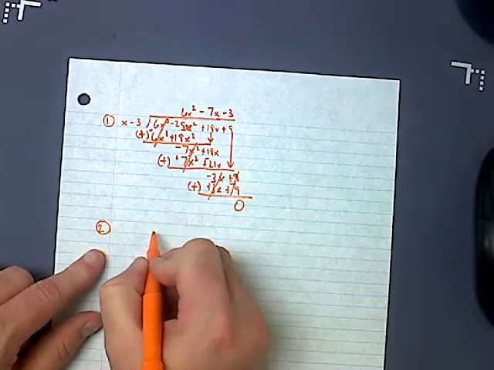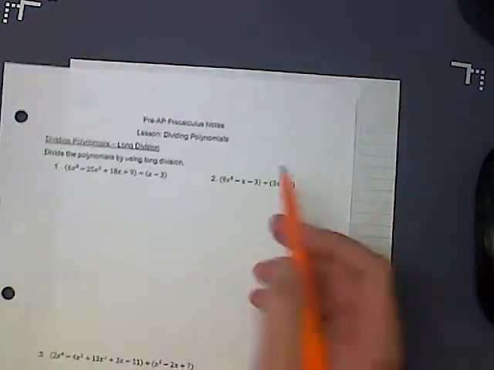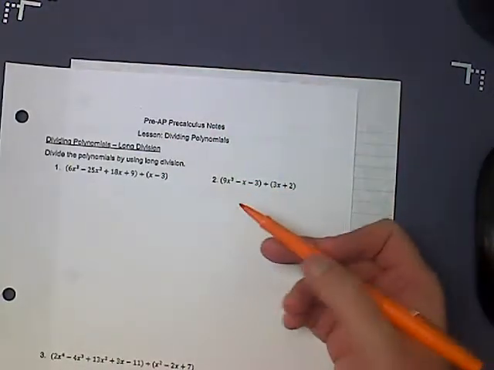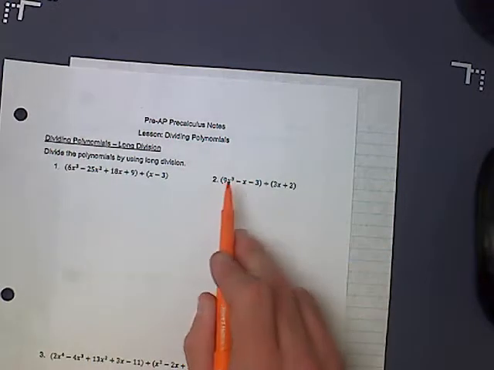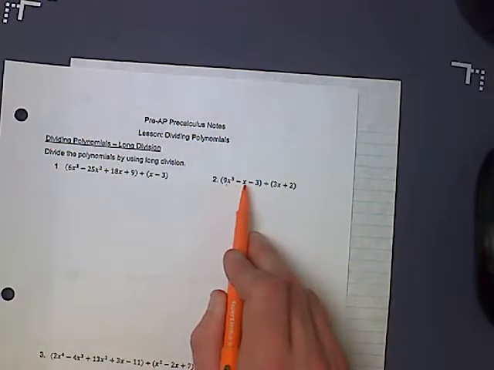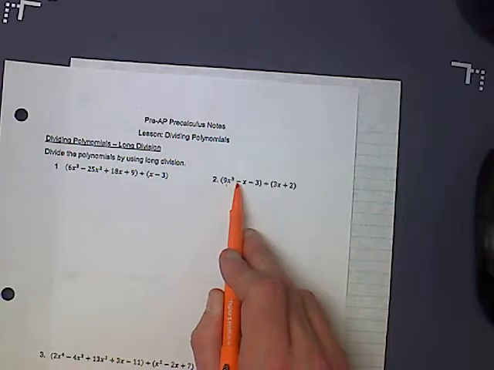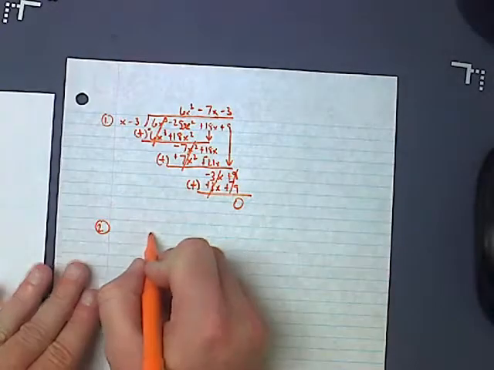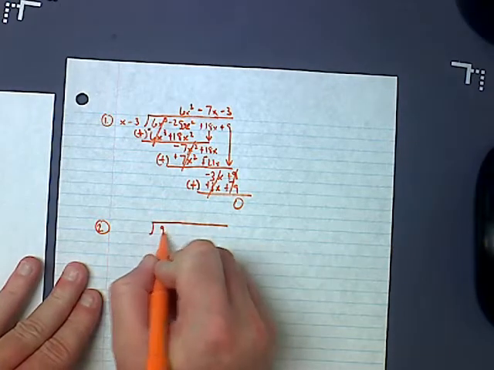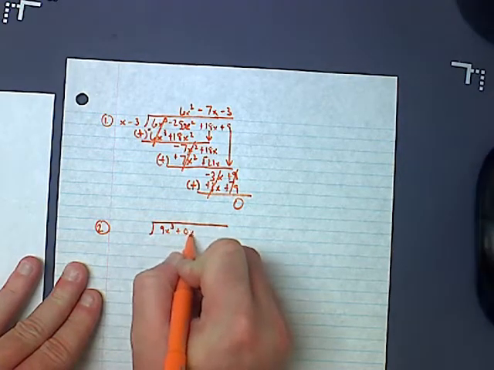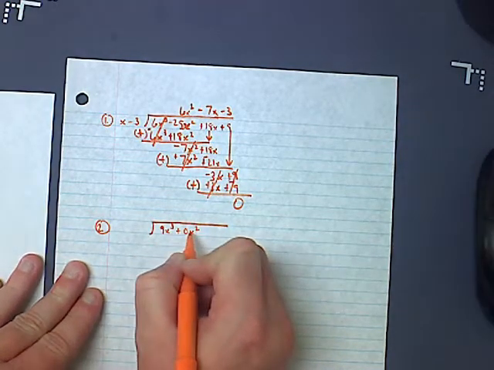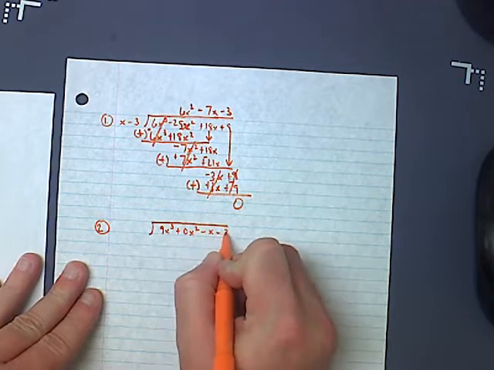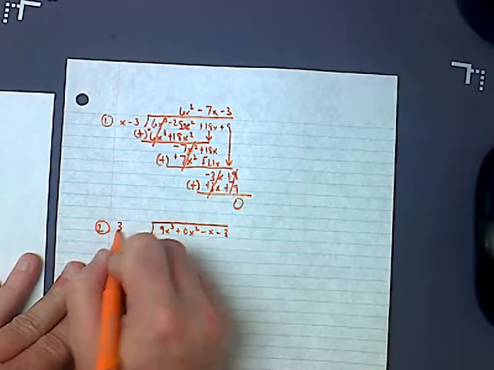Alright, the second one on page 13. Now let's look at this one. On your notes on page 13, you have 9x cubed minus x minus 3. Notice the x squared is not there. So when you write this problem, you have to put a 0x squared in there to account for that x squared power.